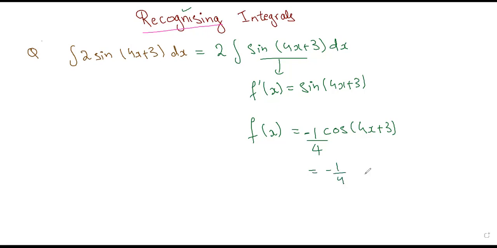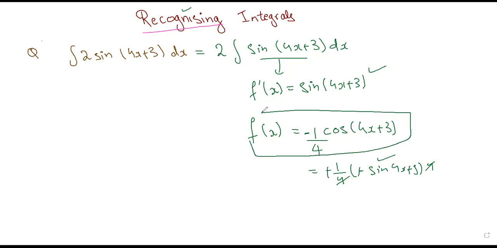The derivative of cos is minus sine 4x plus 3 into 4, and now these things would be cancelled and our f dash is this one. So this means this is our f of x. Now remember, never ever forget this 2. We will write it down as 2.